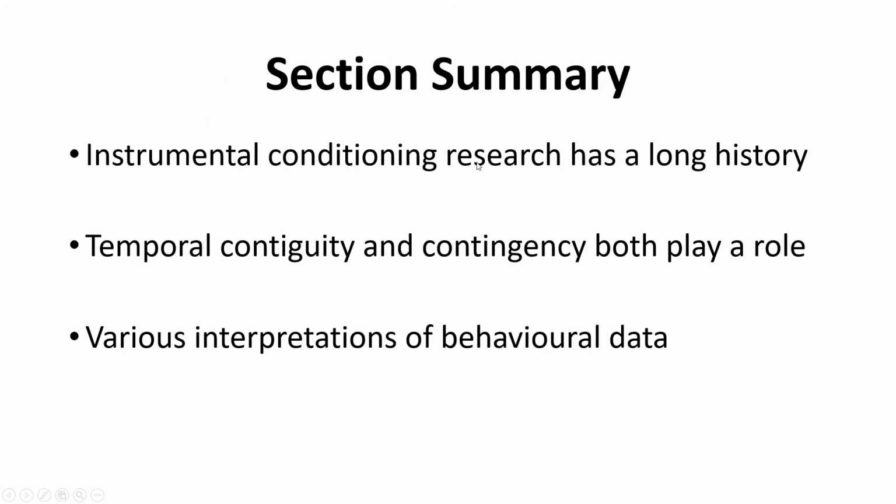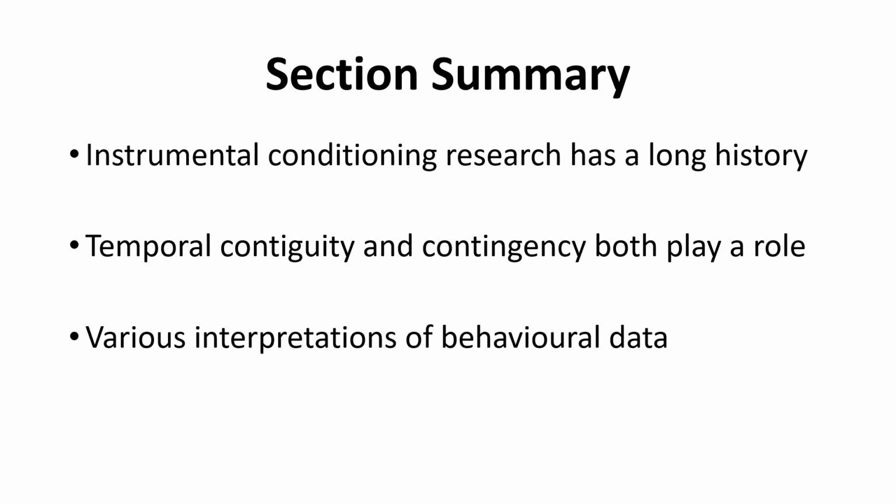All right, so that brings us to the end of chapter 5. We started off with our history of instrumental conditioning, and though we only touched on some of the very high points, we can conclude that instrumental conditioning research has a very long history, and a very convoluted history.